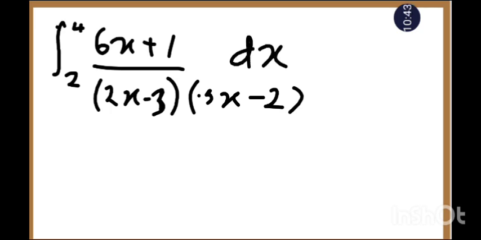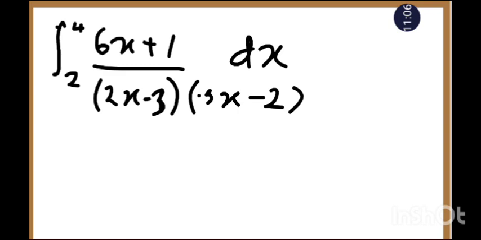Now you should carry out this integration. To carry out this integration, the first thing is to express the integrand into partial fractions.